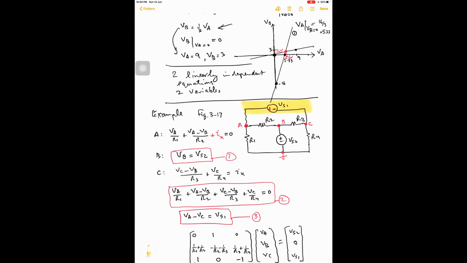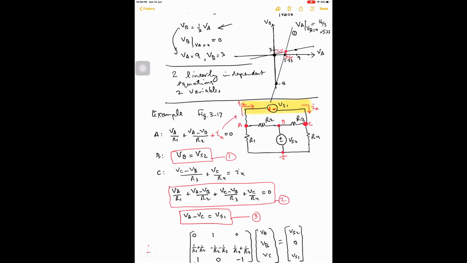In solving this circuit, if you remember, we assumed that current IX is flowing through this element VS1, and we used this letter symbol IX along with the direction for writing the equation at node A. Look at the C node. While writing the equation at the C node, we use the same direction of IX.